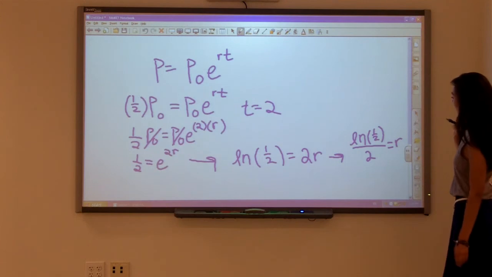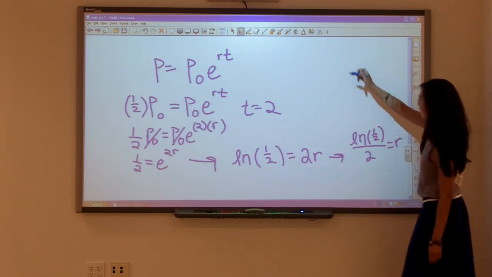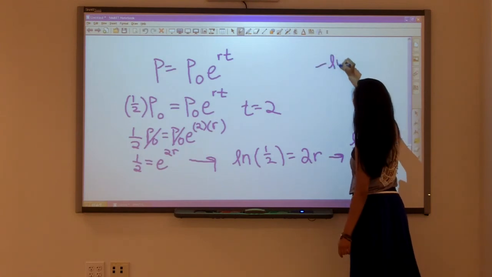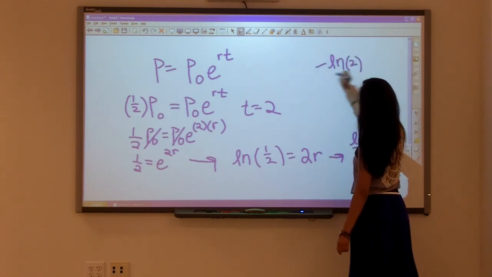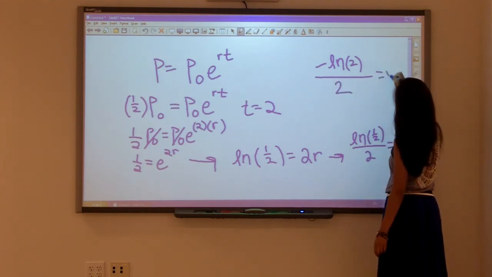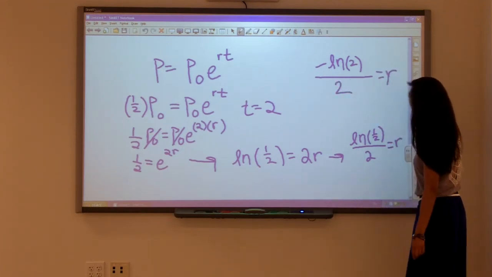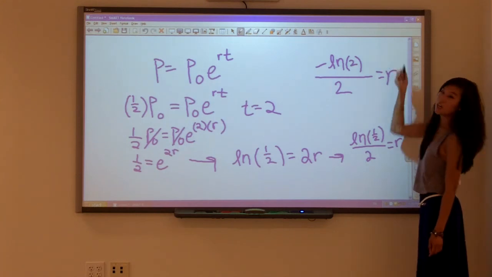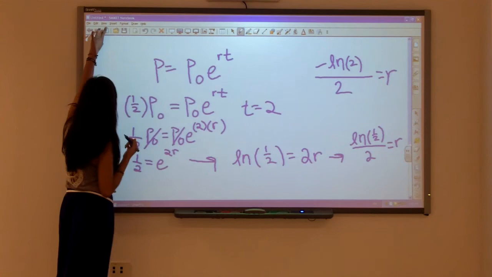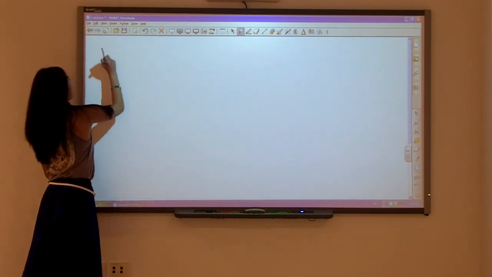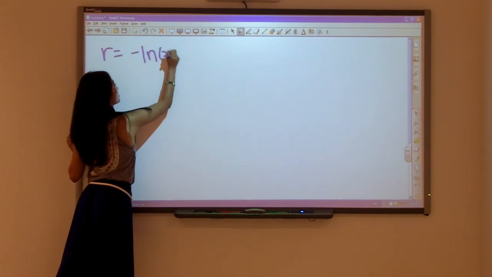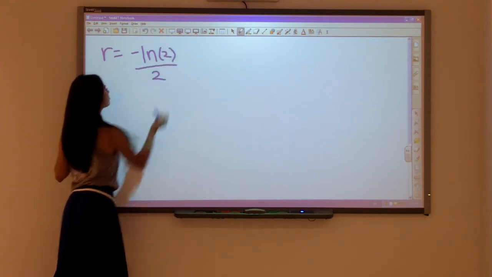And we get that for R. We know that the natural log of 1/2 is negative natural log of 2. We're just going to substitute that, divided by 2, is equal to R. So our rate is negative, which makes sense because it's decreasing. So we found our rate to be negative natural log of 2 divided by 2.